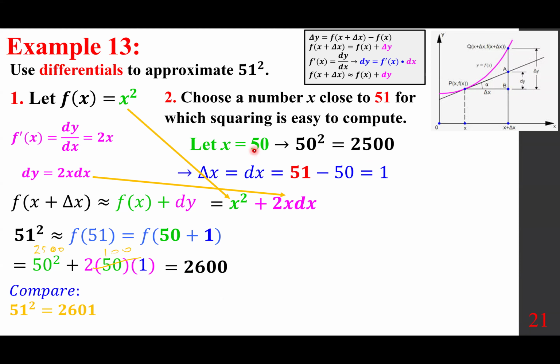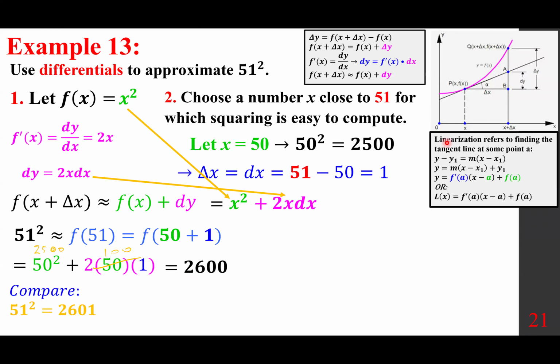Now, we can get exactly the same answer using linearization, and reminding you linearization has this formula, L of x equals f prime of a times x minus a plus f of a. But you don't have to memorize that. Just go with the elementary algebra. But we need to find the equation of a line by two things, a pair and the slope. So what are we looking for?